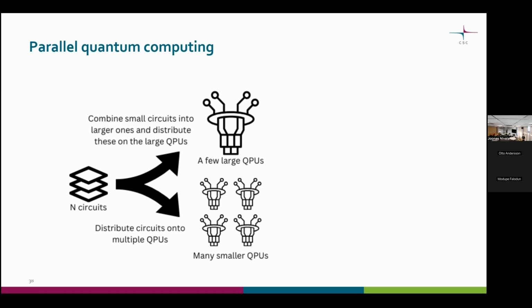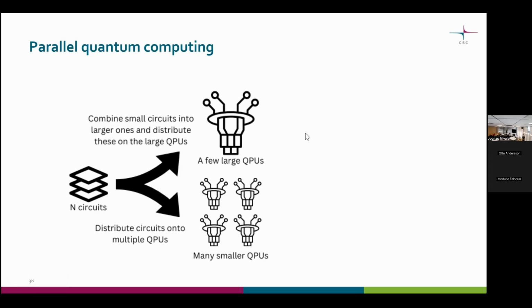That is much nicer for the user, much nicer for any applications where you don't want to wait in queue for all these devices, or wait for the previous jobs to finish. You just want to get it done as fast as possible. And for parallel quantum computing, you can do that, where you just split one circuit across many smaller QPUs, and you distribute the circuit across them.